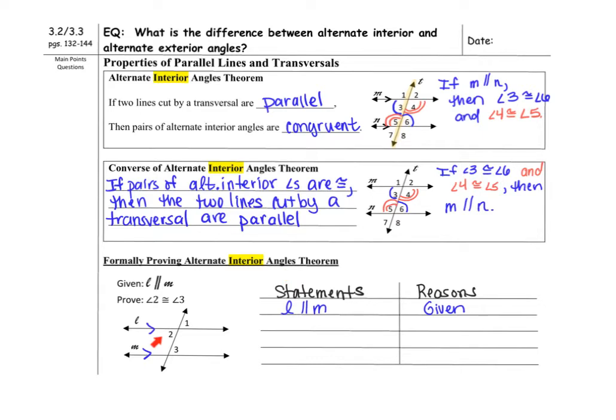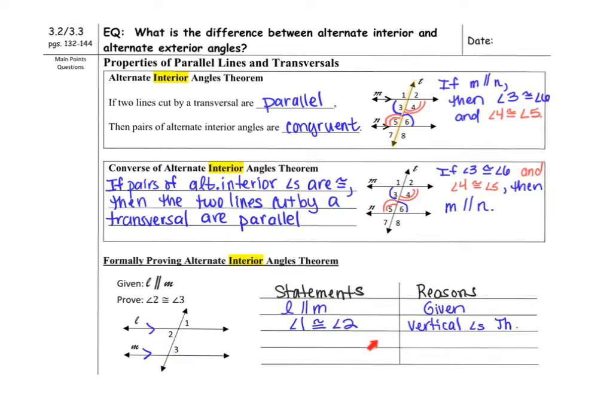So let's look at angles 1 and 2. What angle relationship does angle 1 have with angle 2? Angles 1 and 2 are vertical angles. So we can say that angle 1 is congruent to angle 2 by the vertical angles theorem. Somehow I want to prove that 2 and 3 are alternate interior.